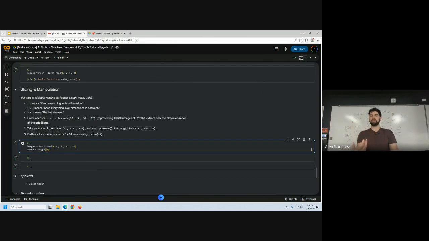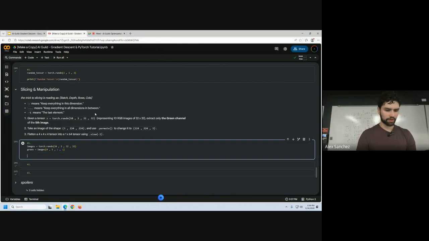And remember, the dimension that tells us the image would be the batch dimension. We want the green channel. So RGB, green would be the second index, so that would be index number 1. And we want to keep the other ones as is. That's why we use the colon syntax.